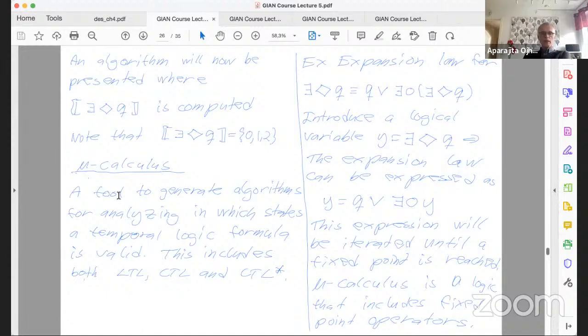Mu calculus is a tool to generate algorithms for analyzing in which states a temporal logic formula is valid. This includes LTL, CTL, and CTL star, which is actually a combination of CTL and LTL. So in CTL star, you can write always eventually P, square diamond P, which you cannot do in CTL.